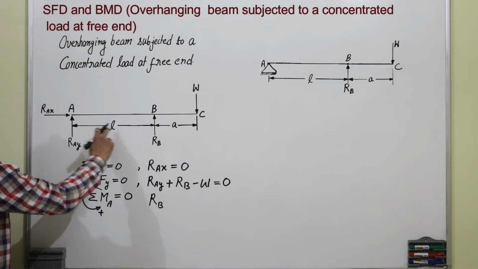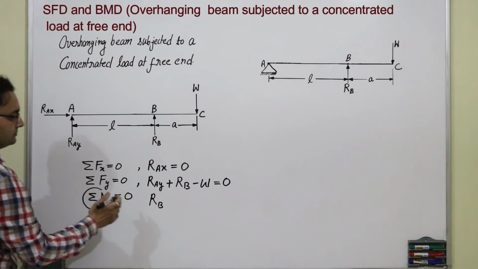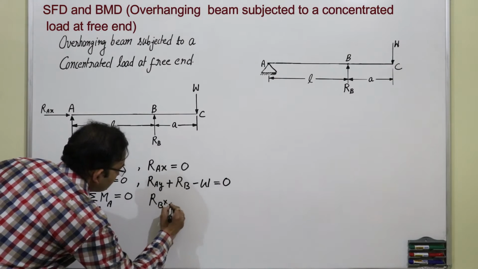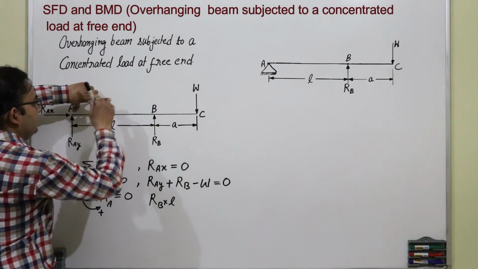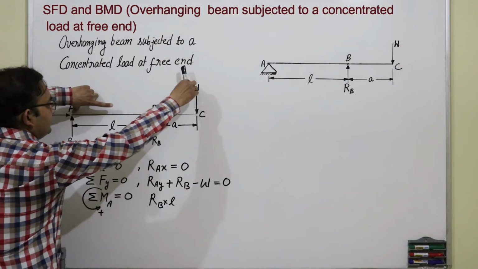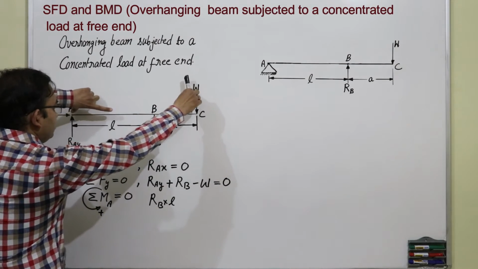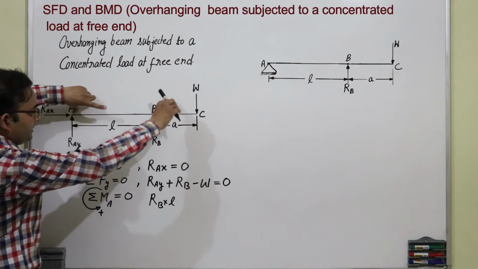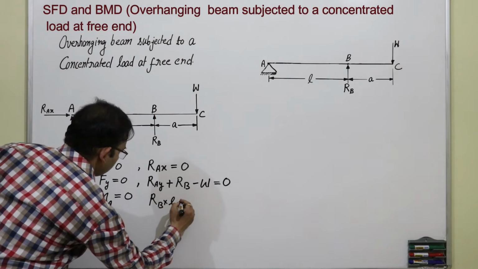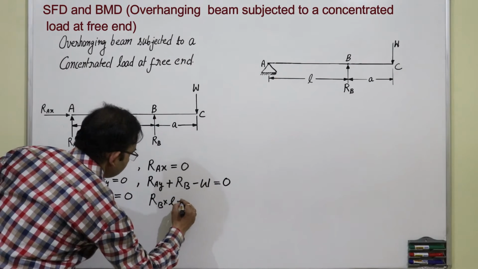RB into L. Last is W and this is total distance. So W will rotate this beam in this direction. This is clockwise. So clockwise sign we have taken is negative.